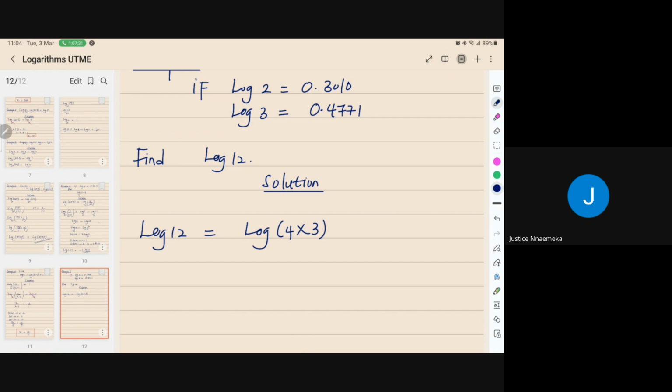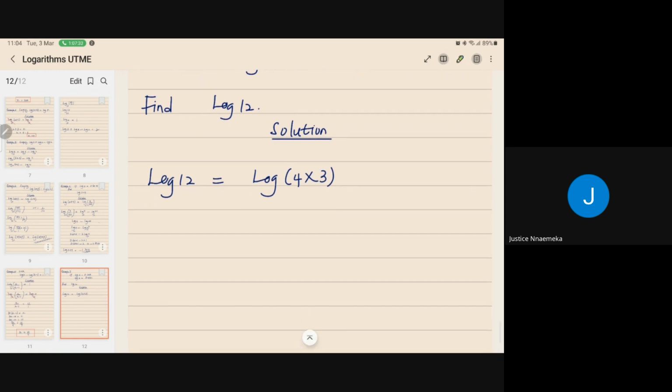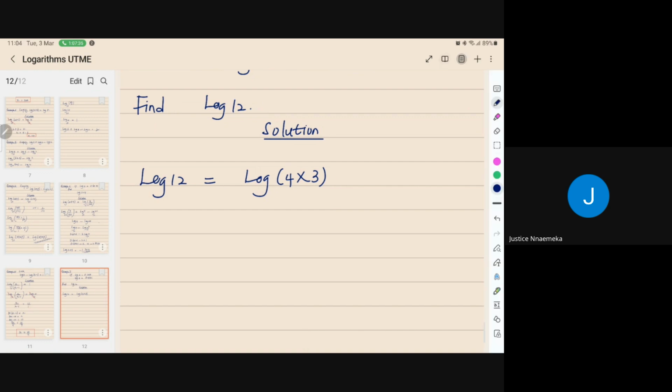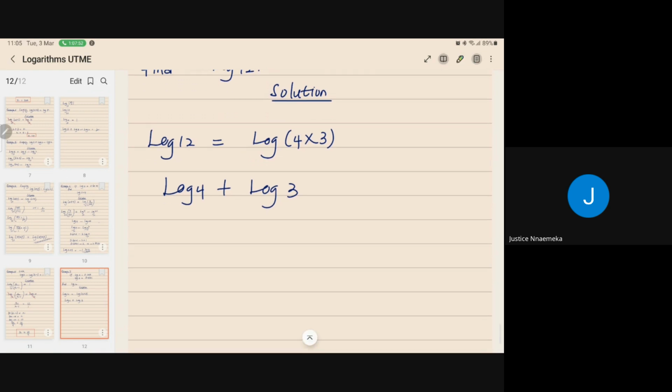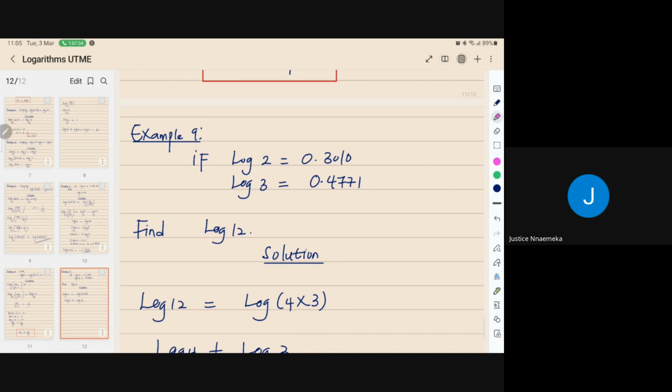We know that log 12 is the same as saying log of 4 times 3. Now, since you've multiplied, you can now expand it. So it turns to what? Log 4 plus log 3. Remember, when you are not writing the base, it means that it's in base 10. Now, log 4 plus log 3. But there's something else that was given to us. The only information we have is log 3.